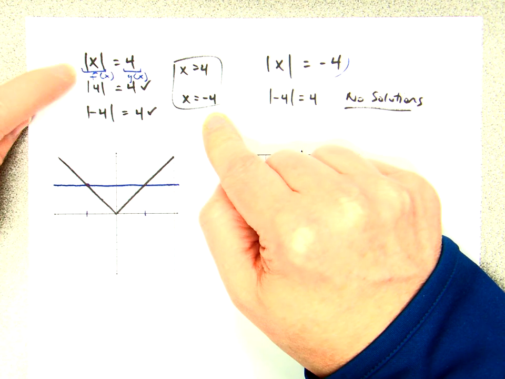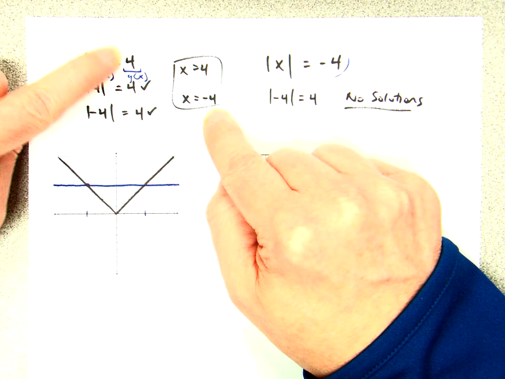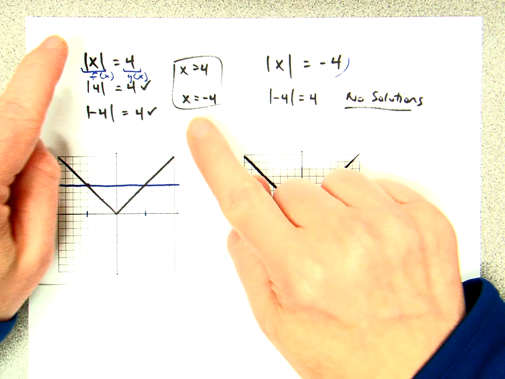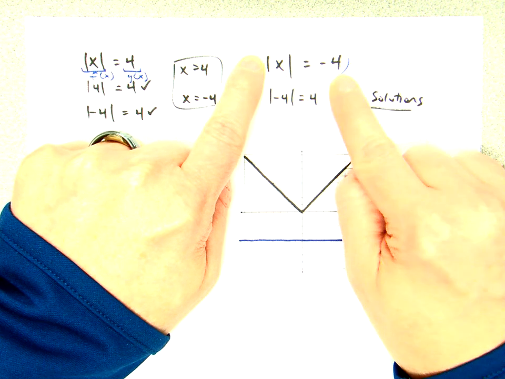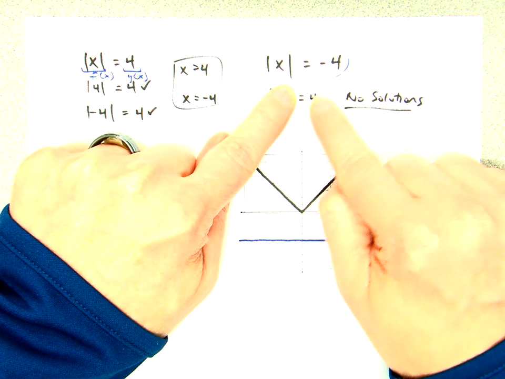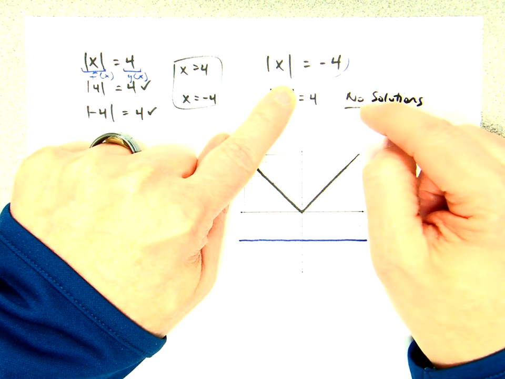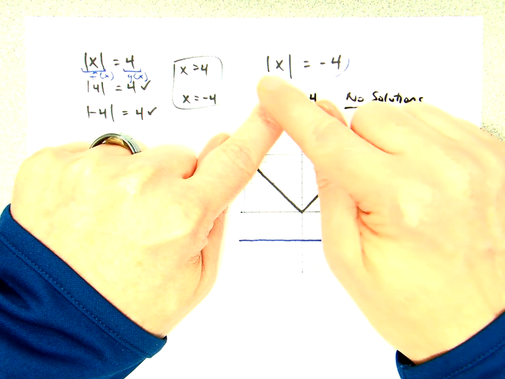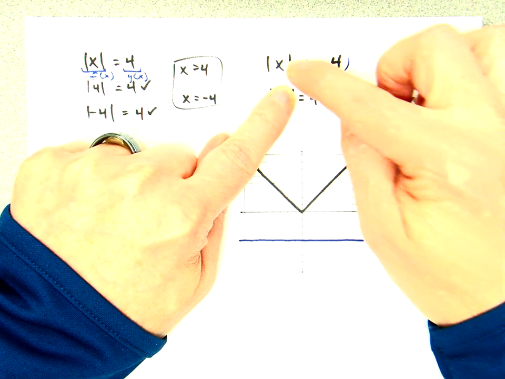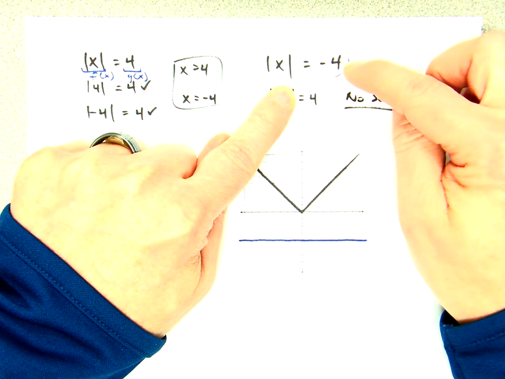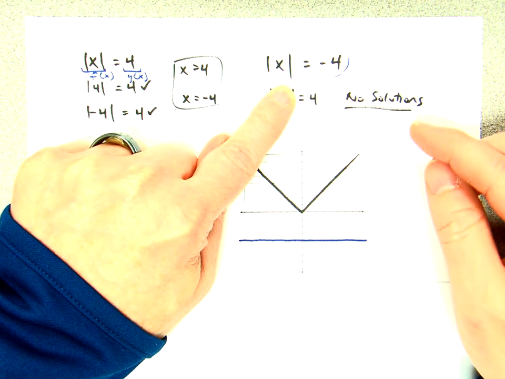So in its most basic form, the thing inside can be the positive and negative version of what it is that we want. If we translate that to here, the thing inside is either equal to the positive version or the negative version, so x should also be either 4 or negative 4. In the process, if you just gloss over the idea that absolute values cannot produce negative outputs, then you're just going to go through the motions and find x's.